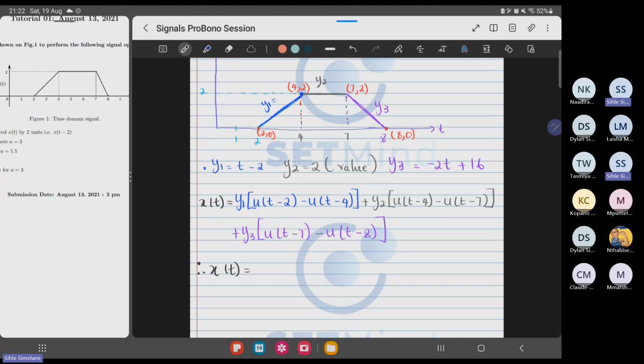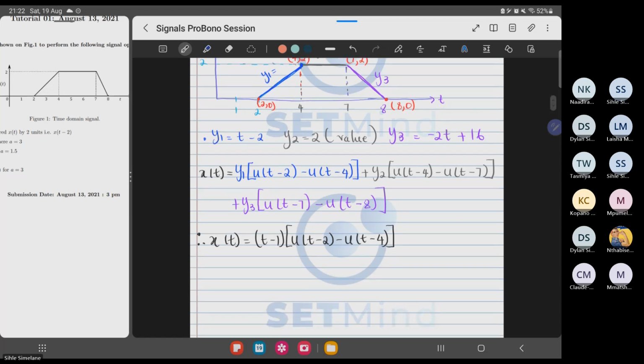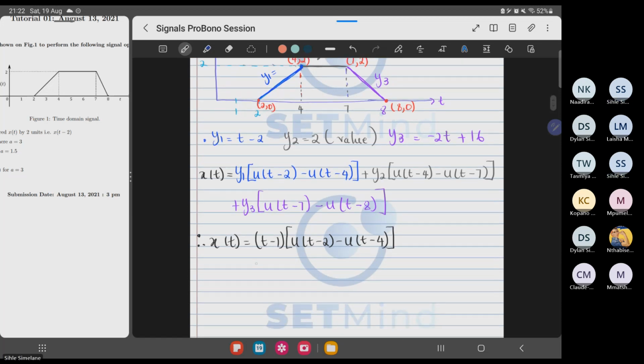my x of t will be my y1 we have computed. It is t minus 1. Doesn't change. It is between t is 2 and t is 4. And then my y2, I will add it here. My y2 is a graph which is valued 2, and this is between t is 4 and t is 7.